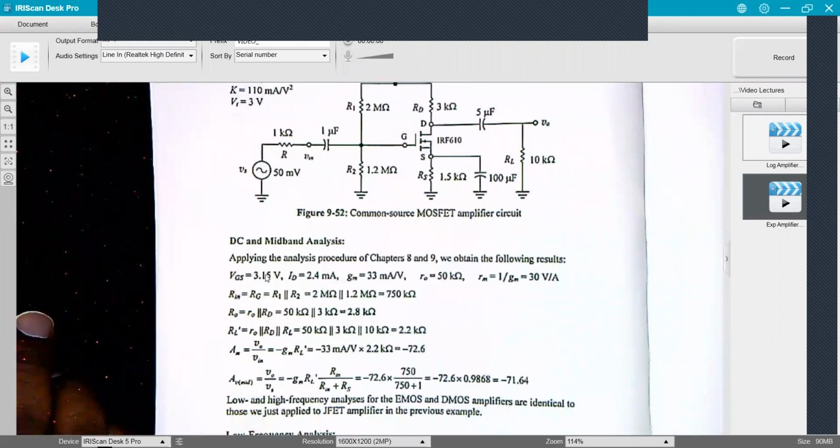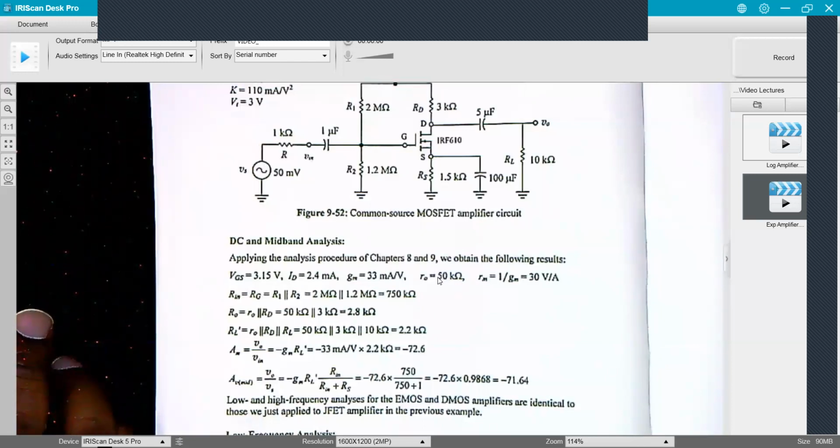so we have our gate to source voltage. Right here it says applying the analysis procedure of chapters 8 and 9. That's where we actually covered the DC operating point. You get your gate to source voltage is this, your drain current is this, your transconductance is this, your RO, which is VA over your ID, gives you this value here, RO.